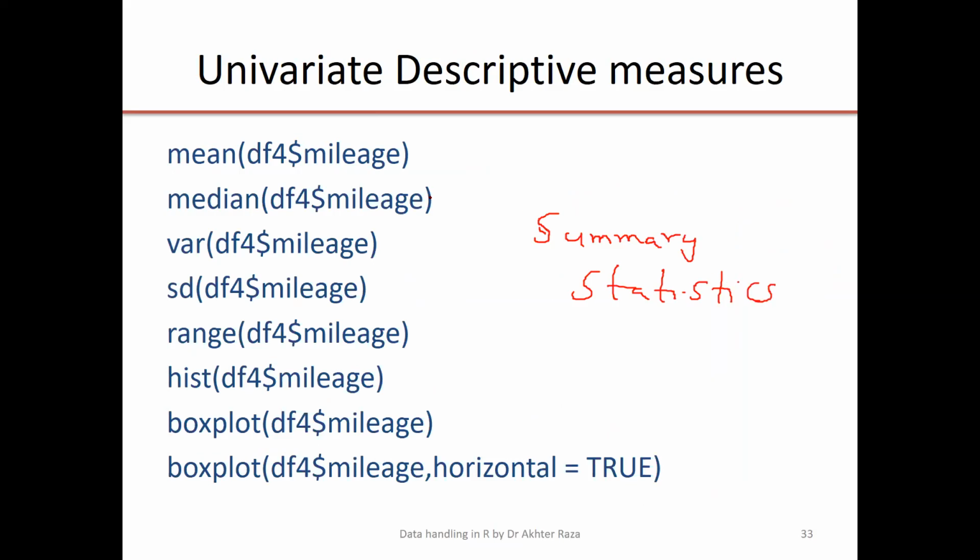The mean of the data, the median of the data, the variance, standard deviation, the range, the histogram, the box plot, and these commands. You can run these commands to obtain the descriptive measures of quantitative data. So all of the commands are run on quantitative data because mileage is quantitative data. In all of these commands, the variable mileage is used from data frame 4, DF4.